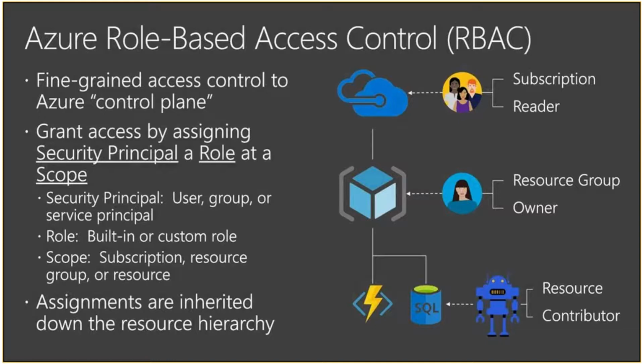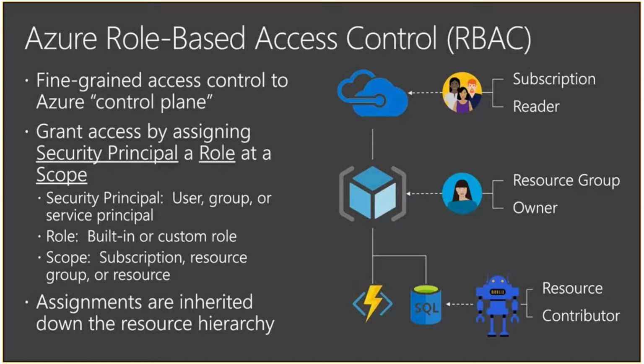And I just want to chime in here, David. I think one good way to think about this, for those who have been in IT for a while, is to think about file permissions. You could think of the subscription as maybe the C drive, resource groups as folders, and then this final tier at the bottom, the actual resource, you can think of as a file.